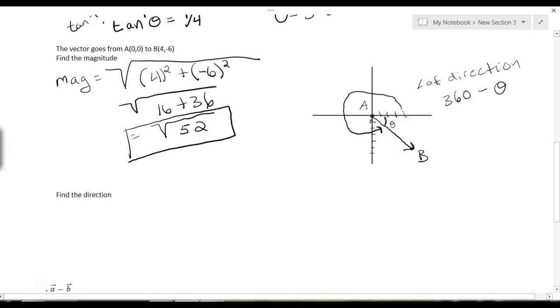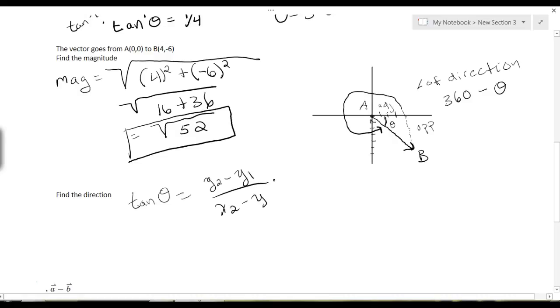So let's look at how we're going to use our trigonometric functions. I'm going to draw in the rest of my triangle here. So if this is theta, and I don't know my hypotenuse, but I know my y and my x, my y is opposite of theta, my x is adjacent to theta, so that means tangent of theta is going to equal the change in y over the change in x.